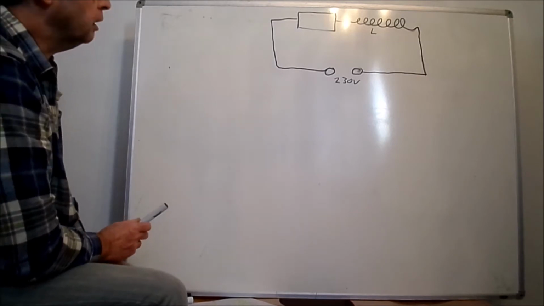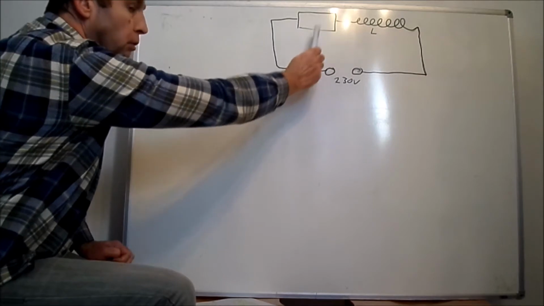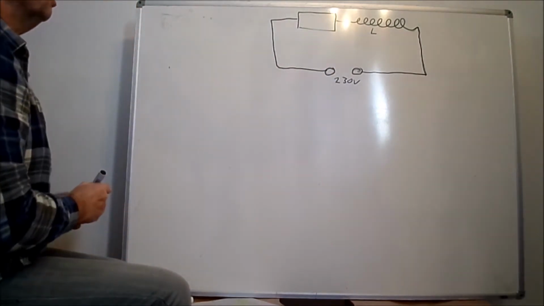So if we know that information, then we can work out the resistance of the coil. This resistor here is just going to be an illustration of the resistance of the coil, if you like.